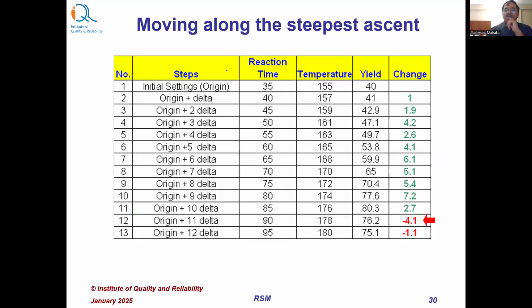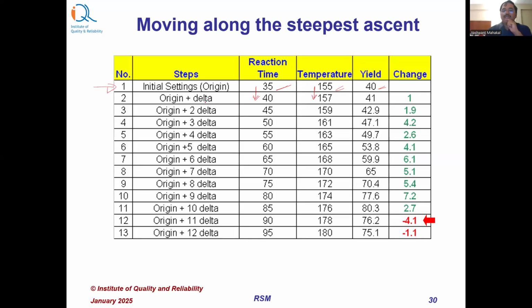So we need to move along this steepest ascent. We started at the center point of 35 and 155, and we got a yield of 40. Now with that delta of 5 minutes for time, and the corresponding delta here of 2 each, that 2.38 is approximated to 2 here.